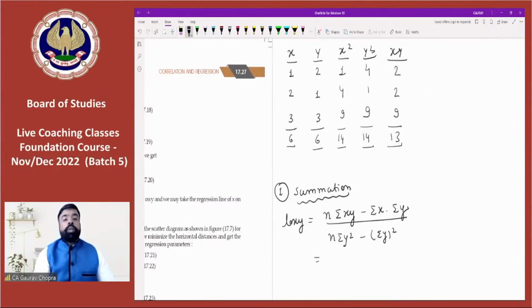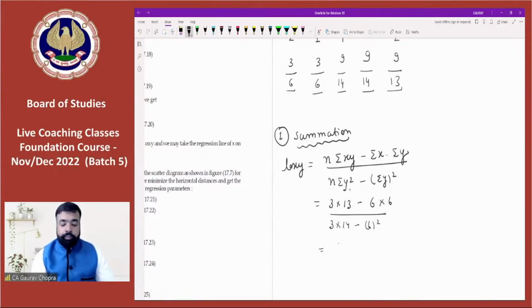Now put them into the formula and get the result. First is n. N means number of pairs. We have 3 pairs. So n is 3, multiplied by sigma xy, which is 13, minus sigma x, 6, into sigma y, which is also 6, upon n, 3, into sigma y square minus sigma y whole square, that is 6 square.